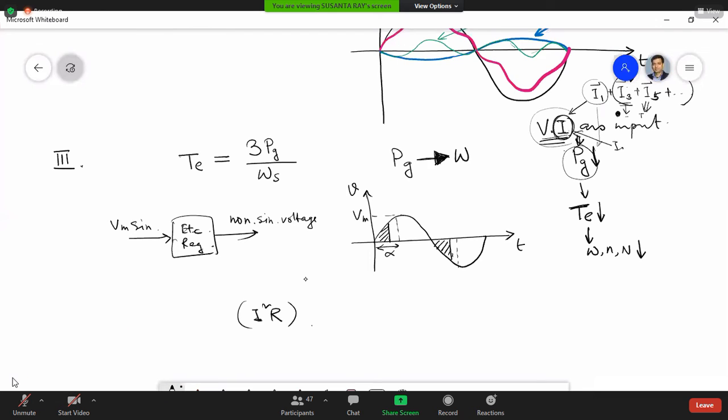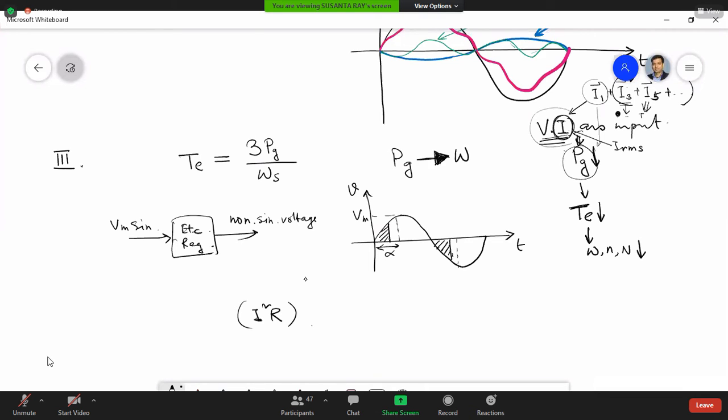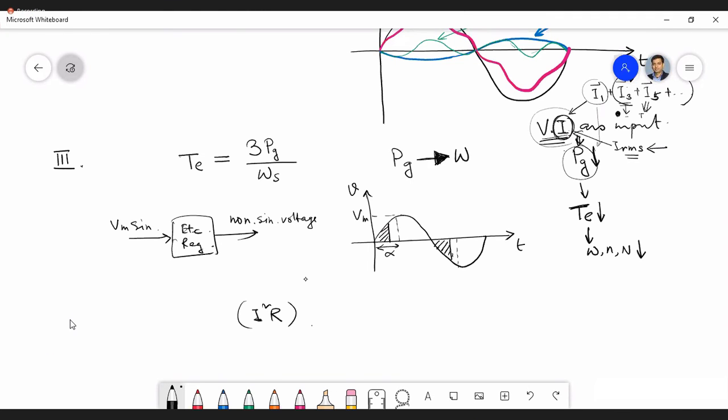This is not I1, this is I RMS, but the waveform was sinusoidal. ওইটা কিন্তু IRMSই, but the waveform was sinusoidal. যখন কারেন্টটা নন সাইনুসয়েডাল হলো তখনও কিন্তু that I RMS remains the same, that is my assumption. When it is sinusoidal as well as non-sinusoidal, the VI input to the machine will not change. The actual power input to the machine will not change. So that is my assumption.